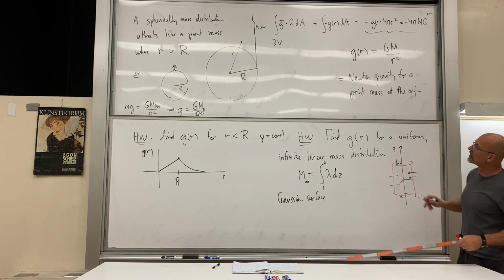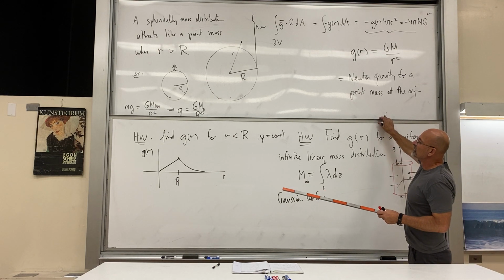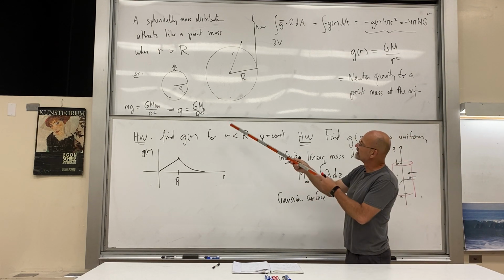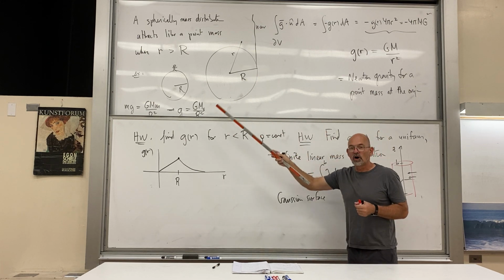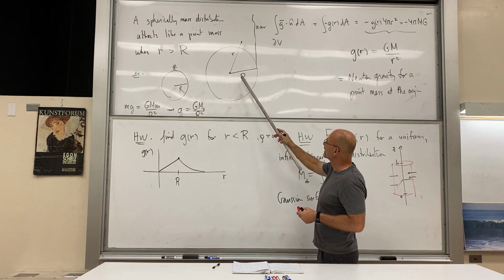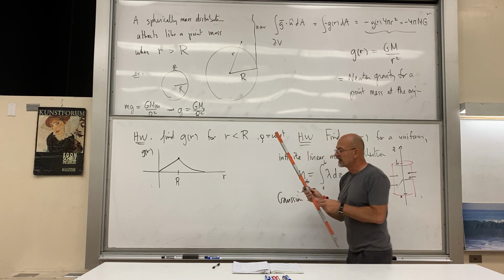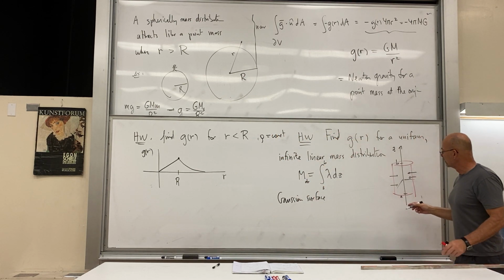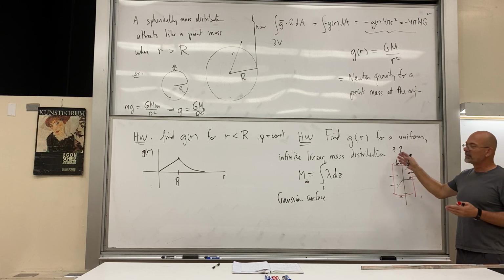What happens though is that you get, we had a 1 over r squared for this three-dimensional object here, or for the point mass. For the linear distribution, you're going to get a lower power, 1 over r.